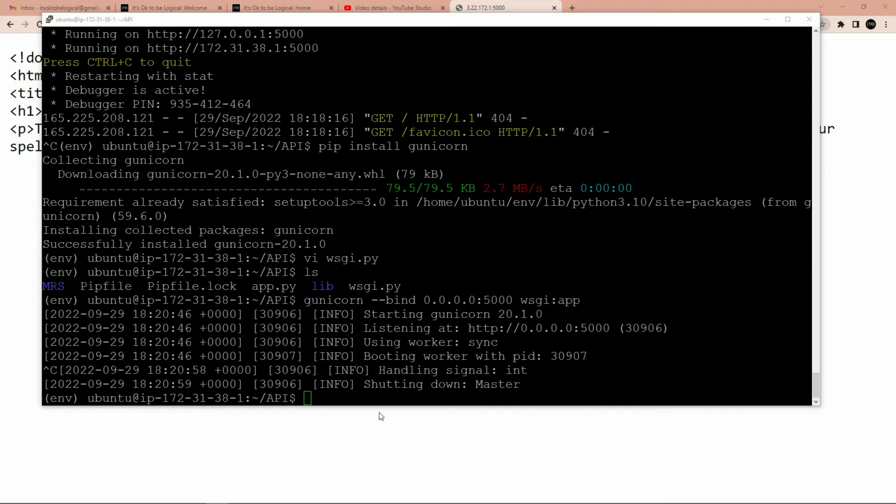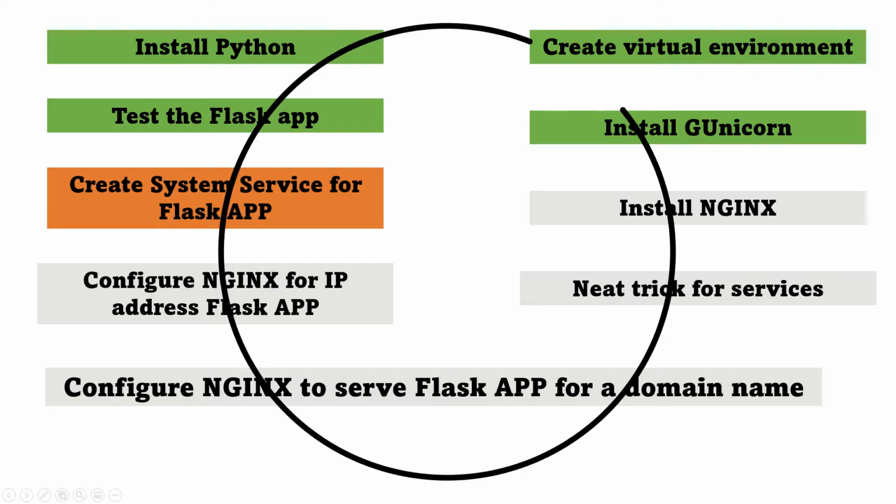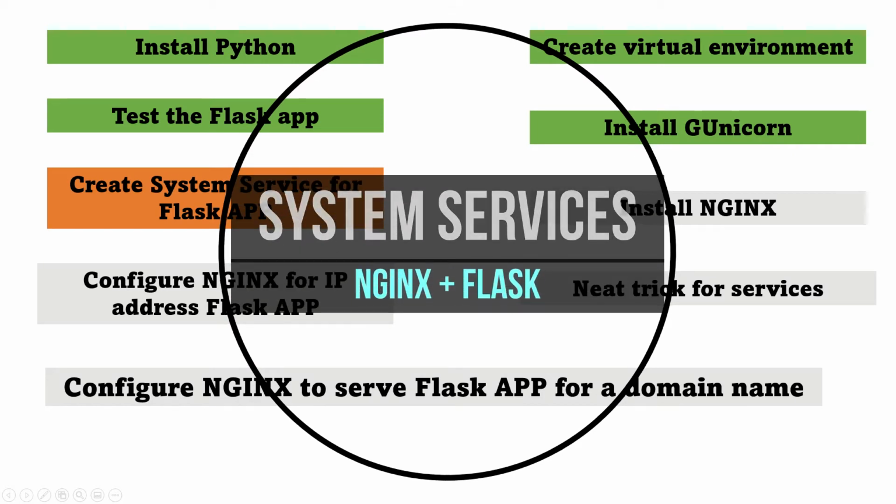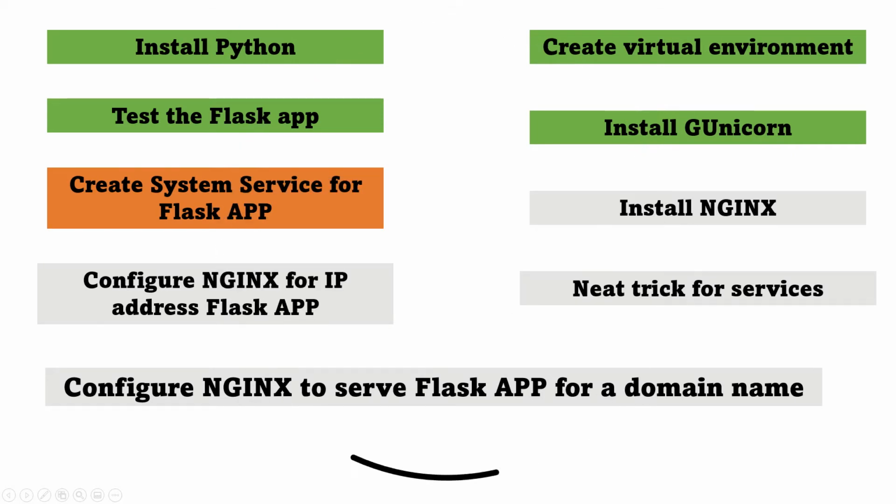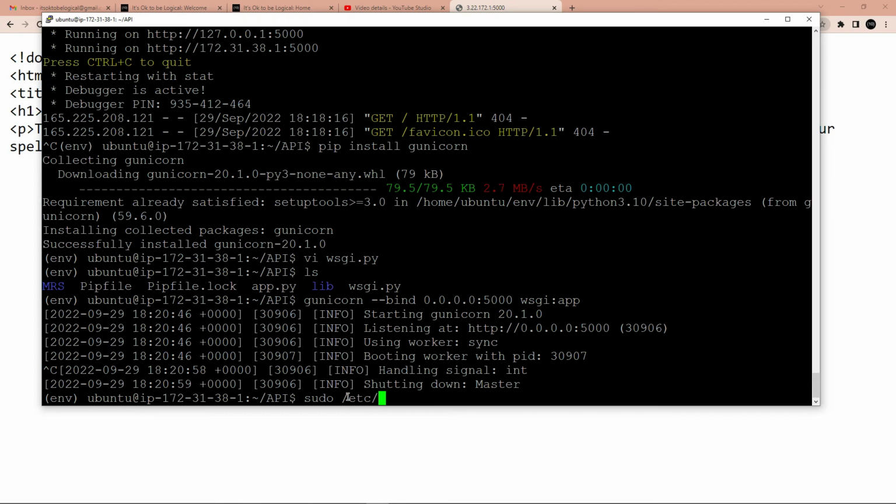Last but not least, we actually don't want to run Gunicorn manually. We want system services to run our app. So we're going to create a new file. We're going to say sudo vi /etc/systemd/system, and you can give it any name.